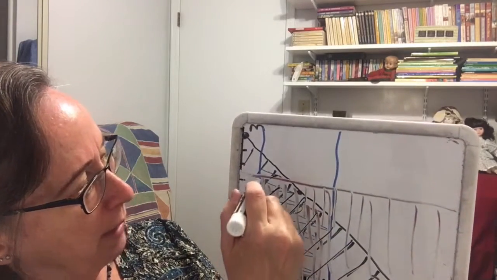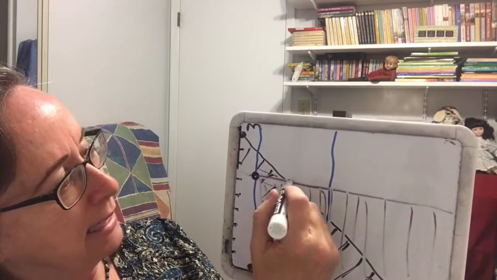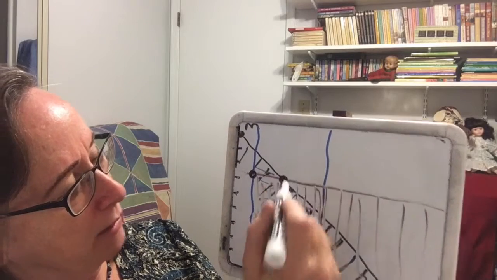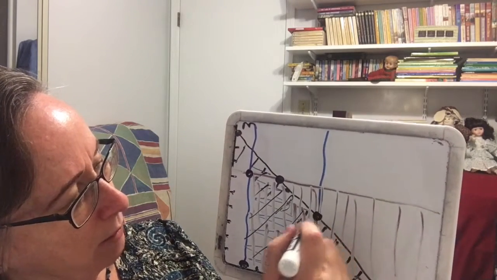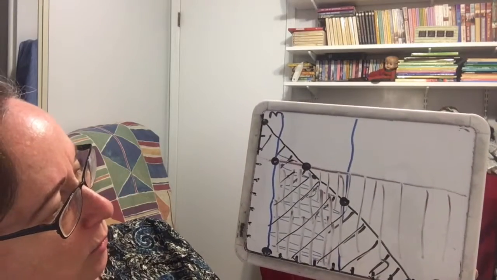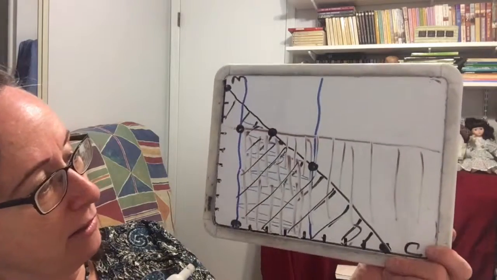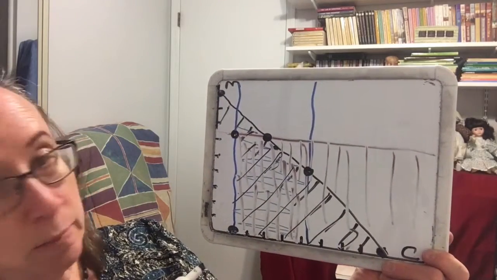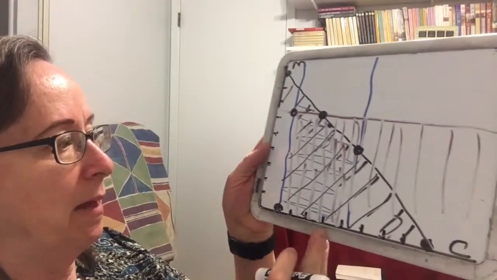So that would be one of our points there. And then this intersection between the black and the red. And then this one right here between the blue and the black. So it's a 1, 2, 3, 4, 5-sided figure here. And so it's a little bit more complicated, but let's see how many of these we can already name.